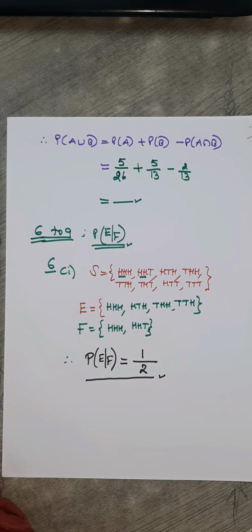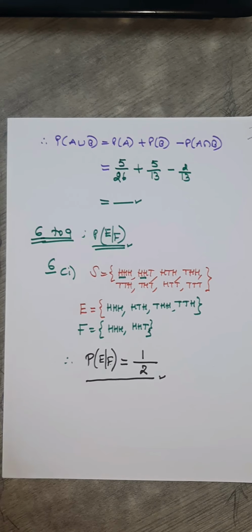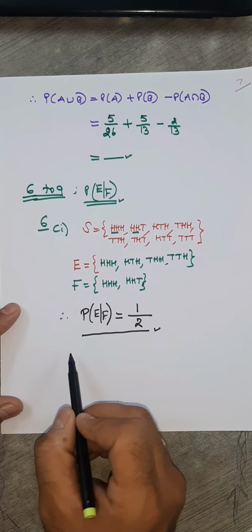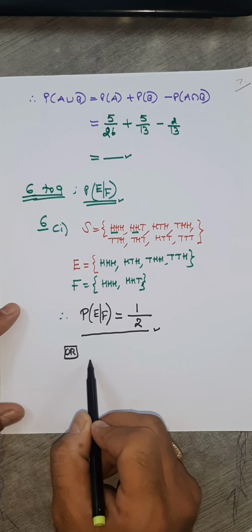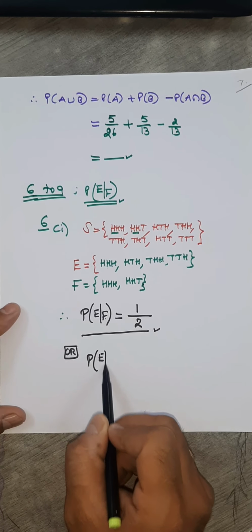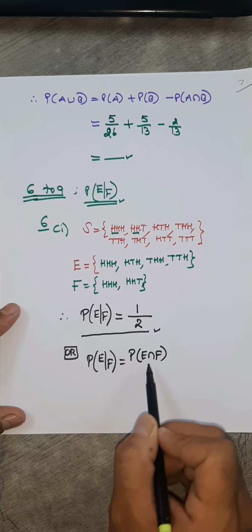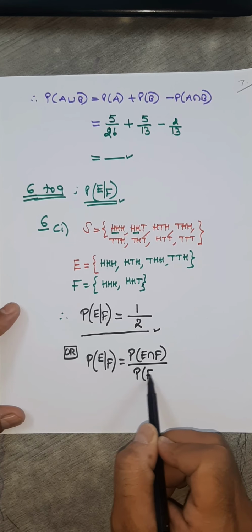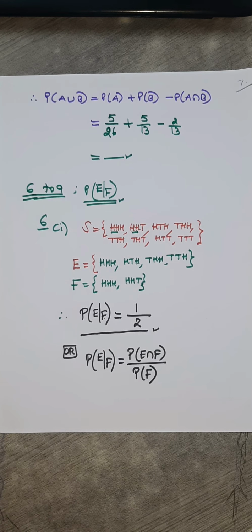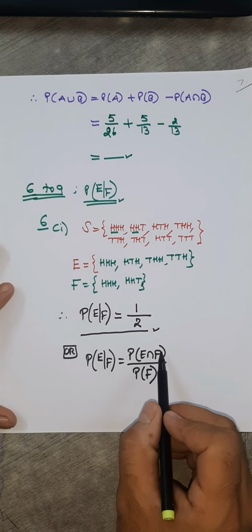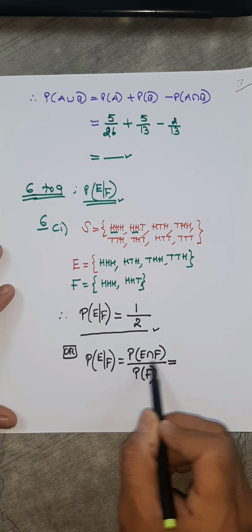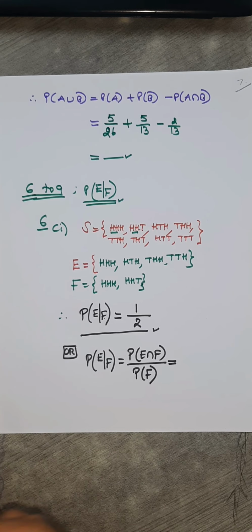Please have a look at it. I hope this is clear to you. Or if you don't want to do it this way, you can do it like this also. Both are the same thing. Probability of E given F equals probability of E intersection F upon probability of F. Now here there is more to understand than to write. What is probability of E intersection F? Look at that intersection.